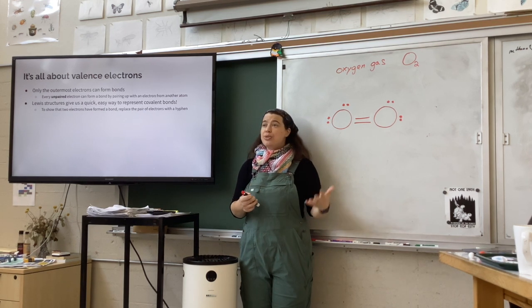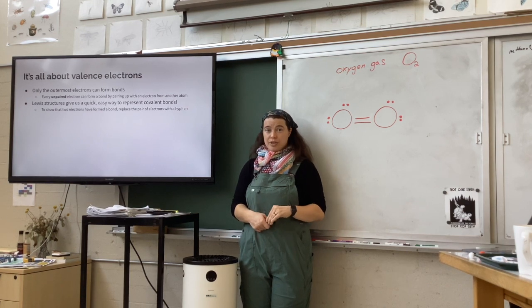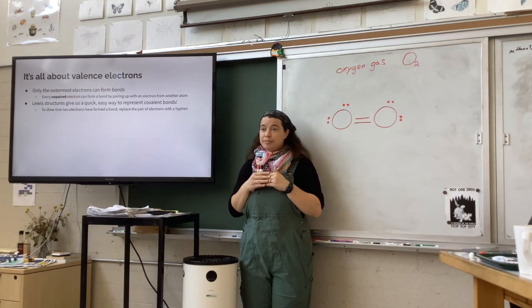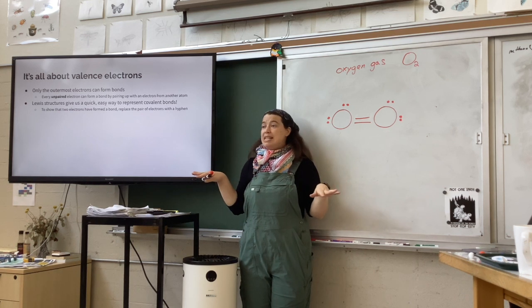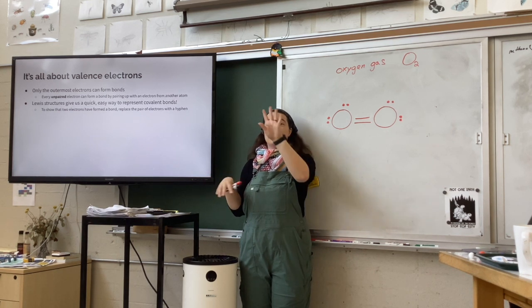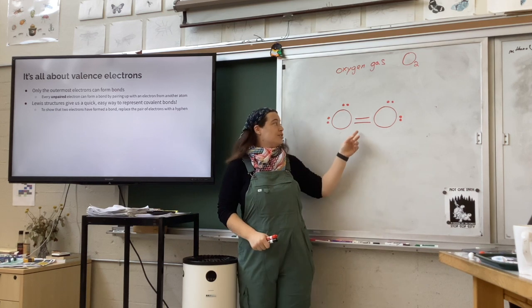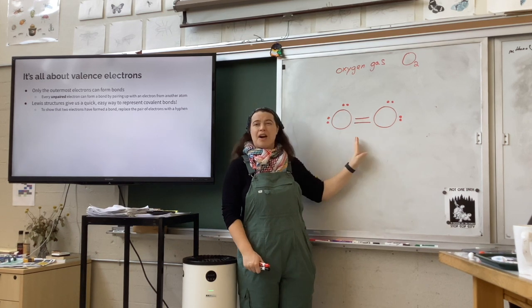Some additional things to bear in mind with your Lewis structures. Always put the things that can form the most bonds in the middle. Always make them really neat and tidy. You want to be working in those 4 quadrants. The bonds should always be coming off their own side.